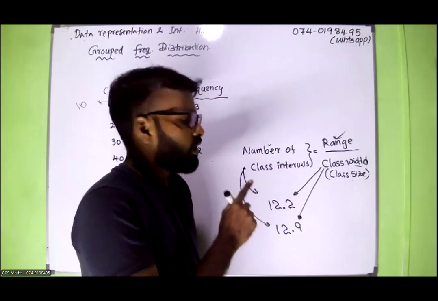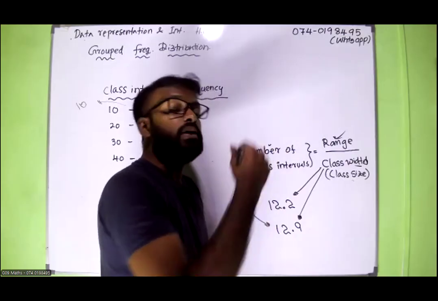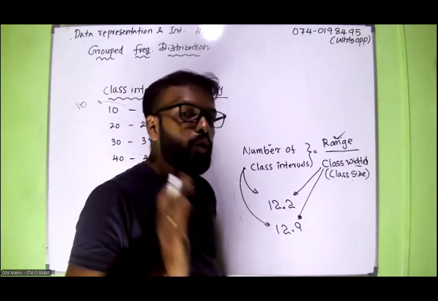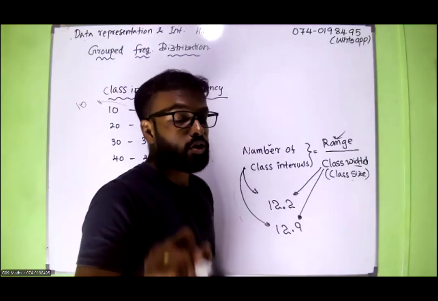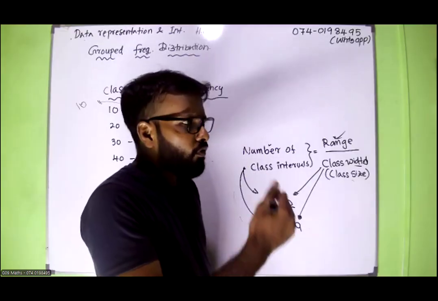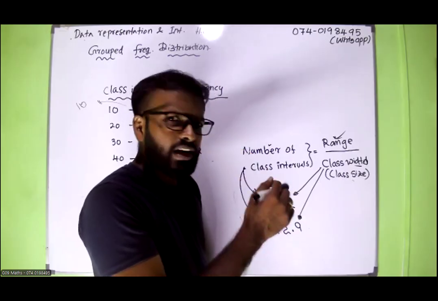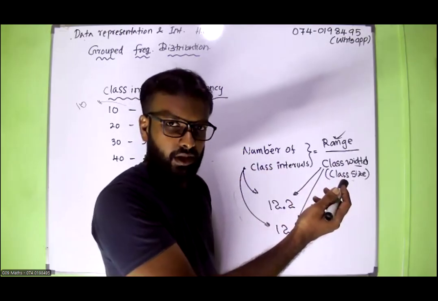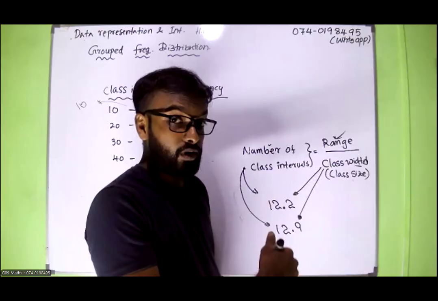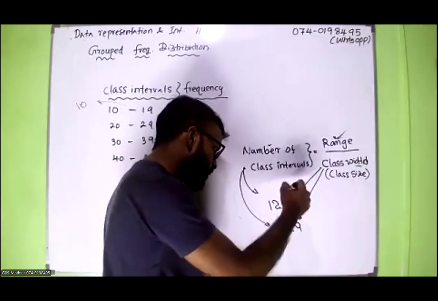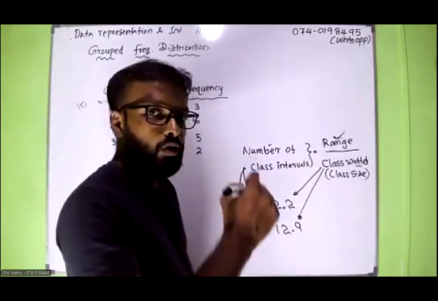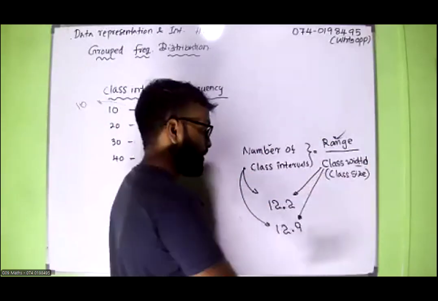You need to round up this. You are not very familiar with the term round up. In your school, you use round off to the greatest whole number. So 12.2, when rounded off to the greatest whole number, becomes 13. And 12.9 is almost 13, the greatest whole number.